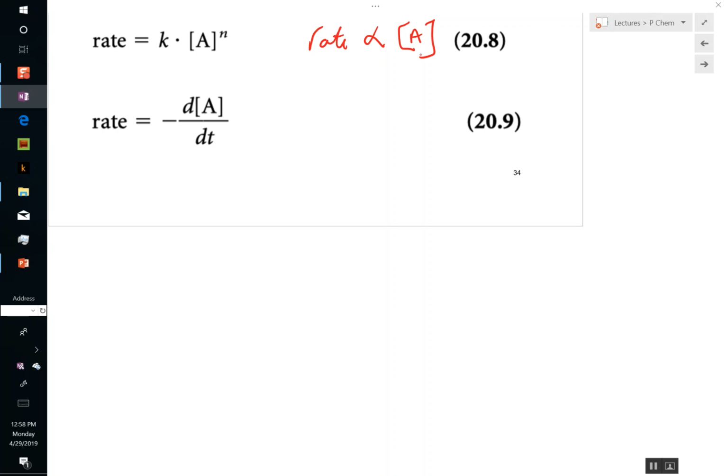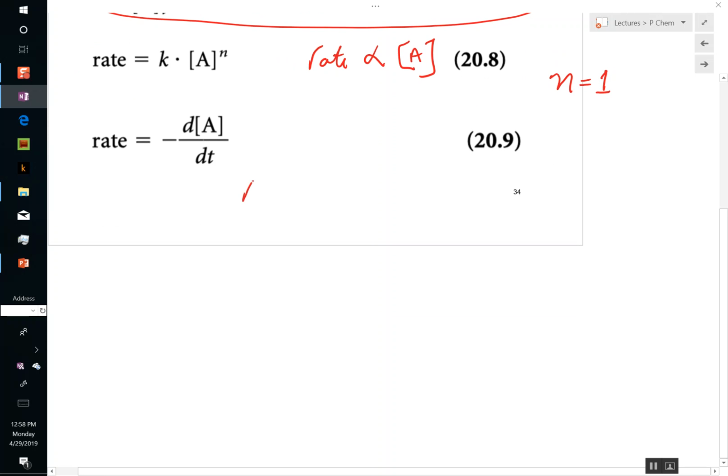Now we're going to look at the case where n equals 1. And we also know that you would describe the rate of this reaction. Let's just look at the simple one. A goes to B. We're going to look at the rate as the negative of the change in the concentration of A with respect to time.